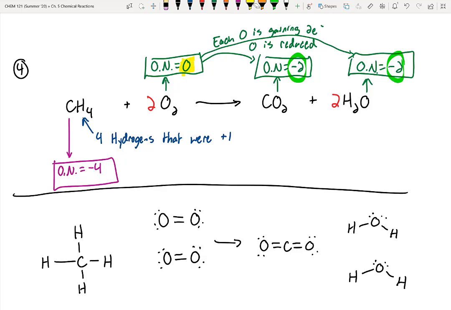Okay, now let's do the same thing over here. Sorry, I was a little behind. Because I thought before you said it was an oxidation number of -1, but I didn't understand how you were getting -1. Are you talking about the hydrogen atoms?